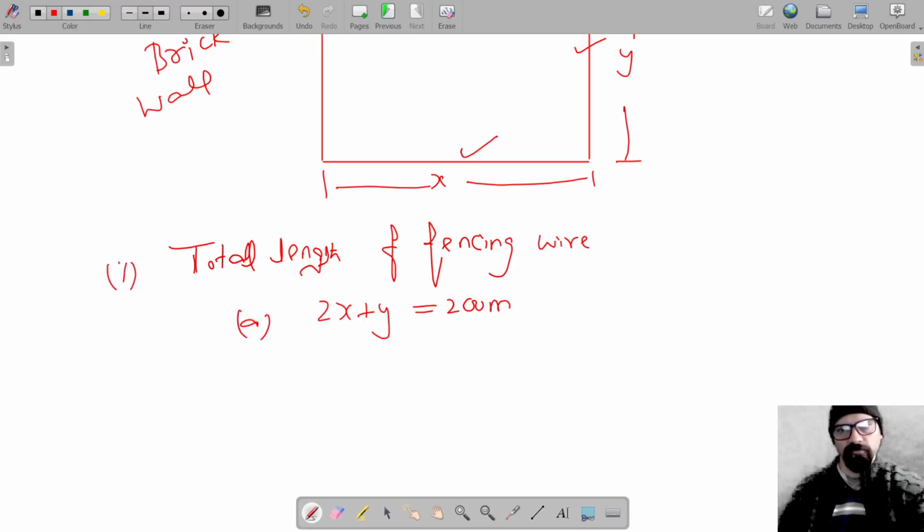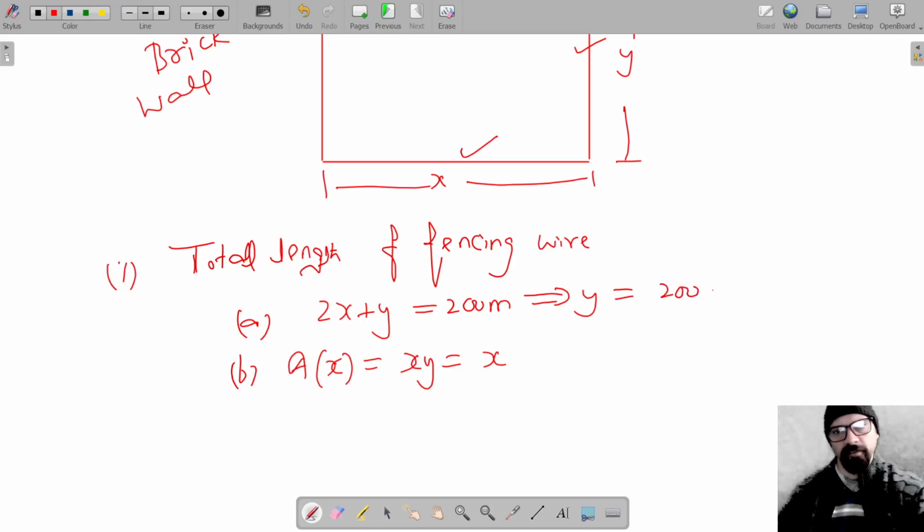Now we also have to write the area in terms of x. We know that the area is given by length into breadth, so area is equal to x into y. Now from the relation we can get y: y is equal to 200 minus 2x.